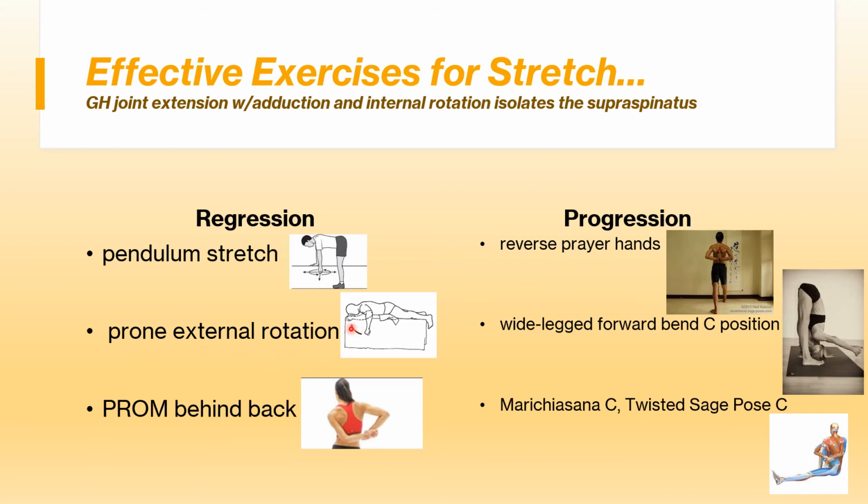So the client is lying prone on an exam table or massage table. We bring the arm out to the side with a 90-degree bend and work from abduction to external rotation and back, right? Building and progressing range of motion in that affected shoulder or tight shoulder.